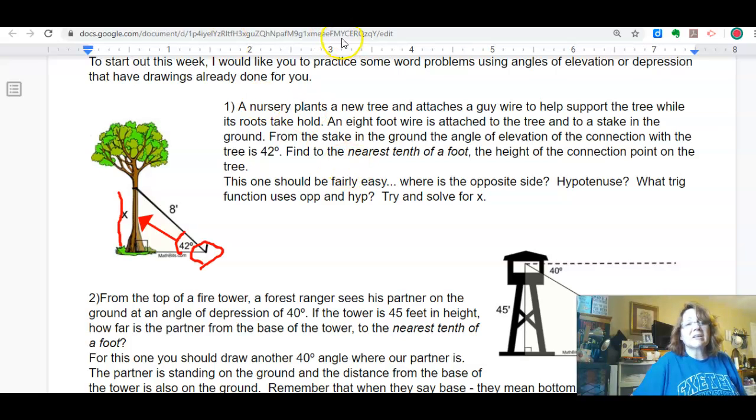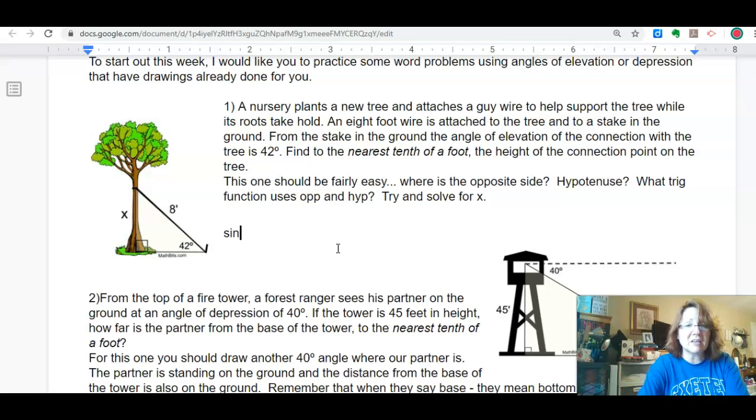Then the arrow would tell me that that's my opposite, right? And then this is my hypotenuse. So that should tell me that that should be a tangent for that. So if I turn off my drawing tools, then actually that's not a tangent, that's sine, because it's opposite over hypotenuse.